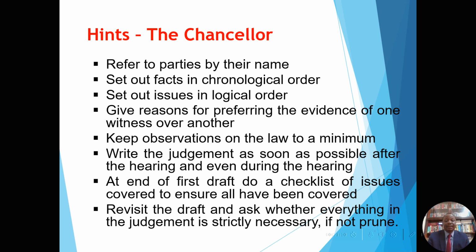But the other thing, as I pointed out, is to give reasons for preferring the evidence of one witness over another. There may be several witnesses, and maybe you see certain witnesses are not credible. Then you must explain, because that is the essence of analysis. In the course of analysing evidence, that's where you point out the evidence of each witness, the evidence of every exhibit, whether documentary or physical, and why you trusted one.